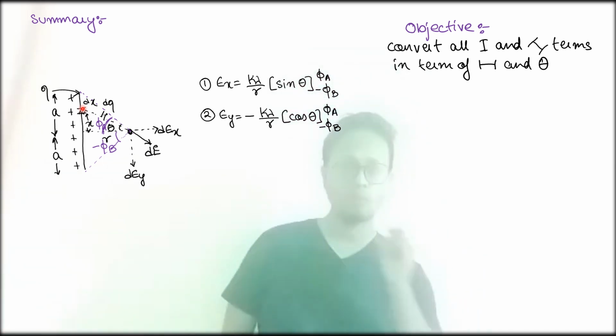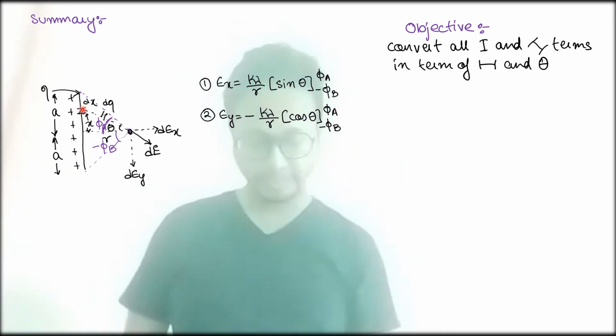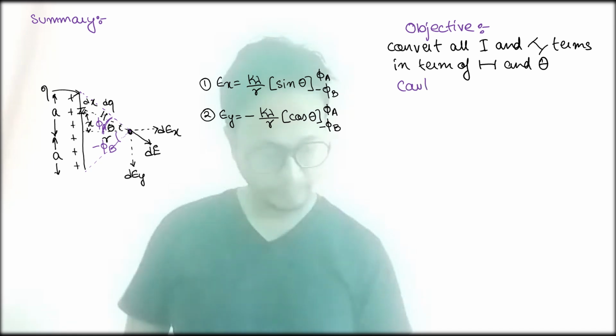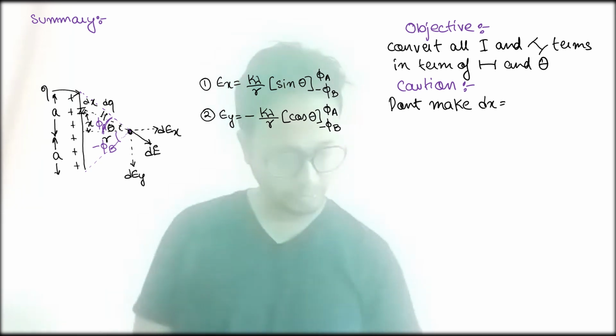One more error that most of you make here is taking dx to be r d theta. Don't make that kind of mistake. Caution: don't make dx equal to hypotenuse into d theta.